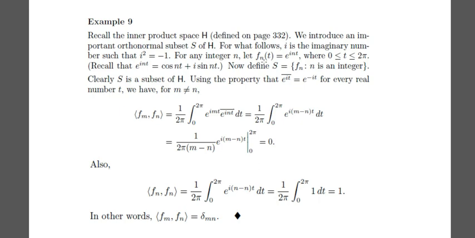So this is equal to 1 by 2 pi integral 0 to 2 pi e to the power i (m minus n) t dt. This integral value is equal to 0. Also inner product of f_n, f_n is equal to 1. So basically inner product of f_m, f_n is equal to Kronecker delta mn, that is it will be 1 whenever m is equal to n, otherwise it will be 0.